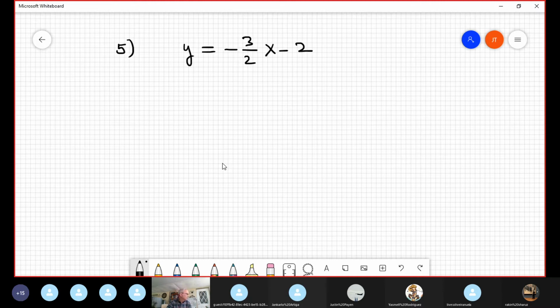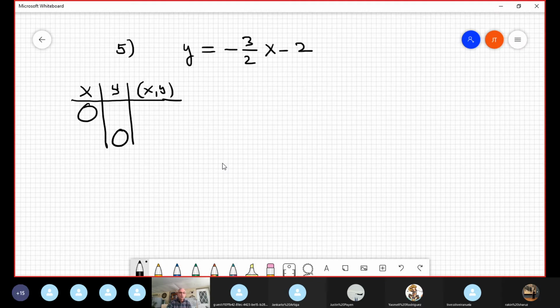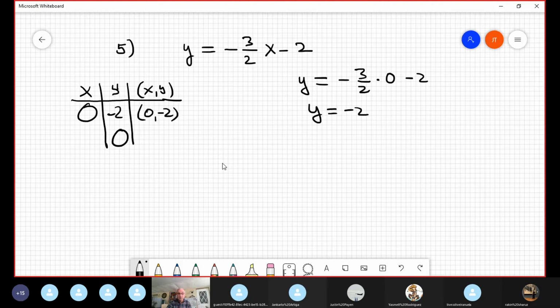So let's do it by the table. x, y, x comma y. 0 in x, 0 in y. Substitution. 0 in x: y is equal to negative 3/2 times 0 minus 2. It's obvious that it is negative 2. Negative 2 here, and the point is 0, negative 2.